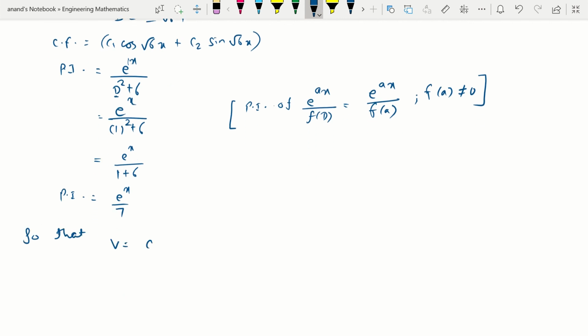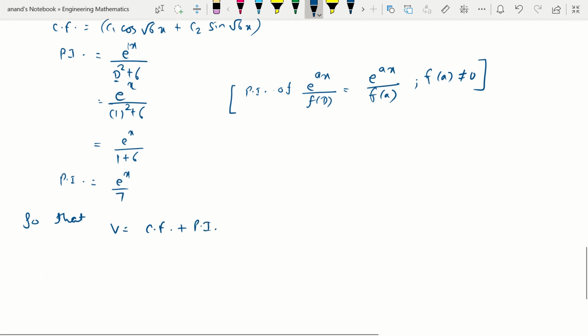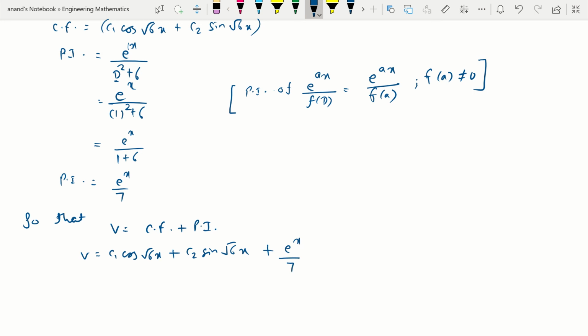So the value of v will be complementary function plus particular integral. So v is equal to c1 cos root 6x plus c2 sin root 6x plus e to the power x upon 7.